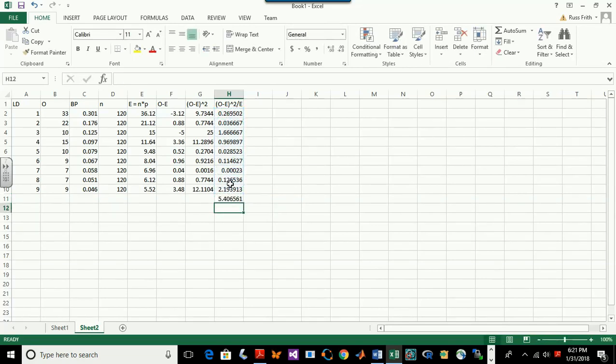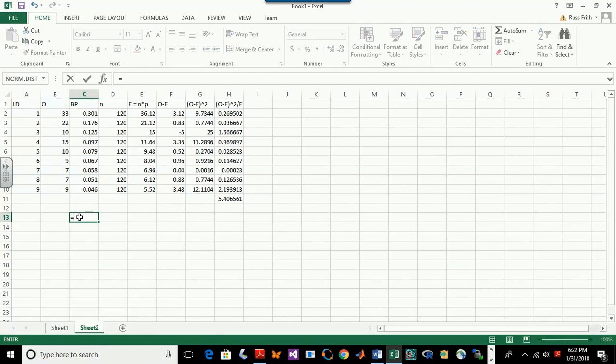All right, so our chi-squared statistic is 5.4 for this. It's a little bit different than what's in the notes. Okay, so we can get our p-value.